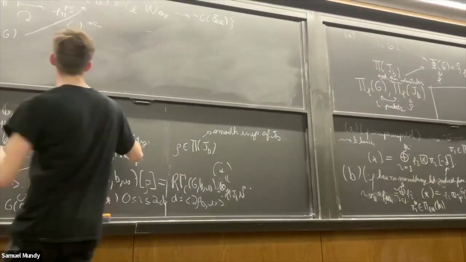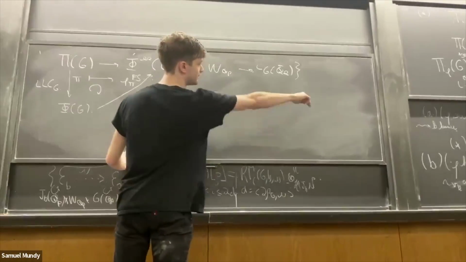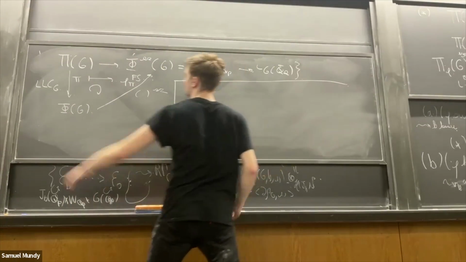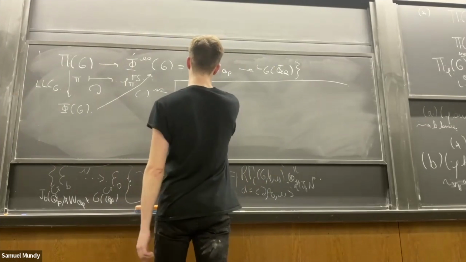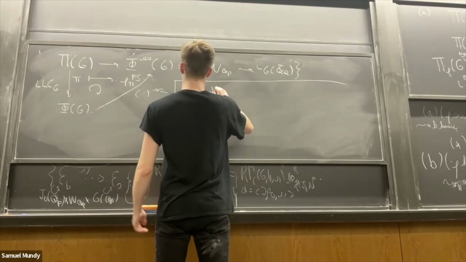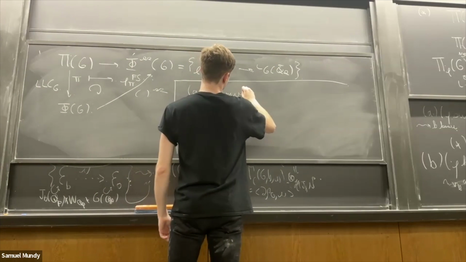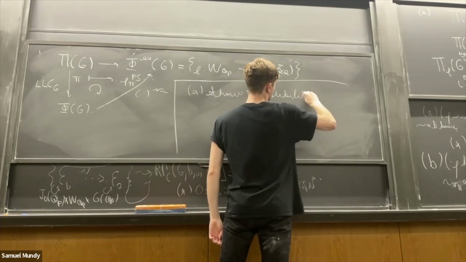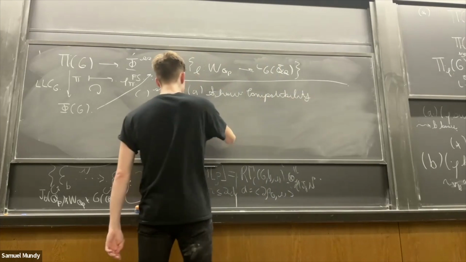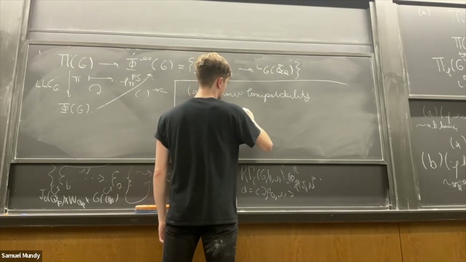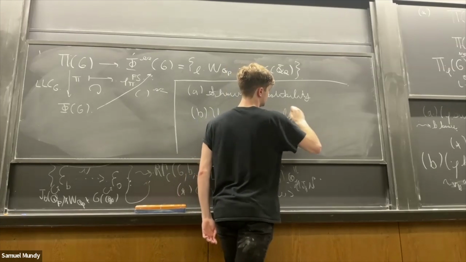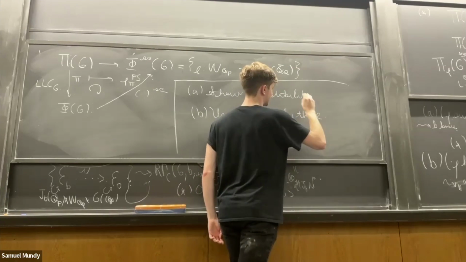This leads to a paradigm shift in how you prove theorems about this cohomology. So roughly, when I say make progress, there are two steps. A: show that this diagram commutes, so show compatibility. And then B: use A to verify these expectations using some kind of geometric Langlands techniques.